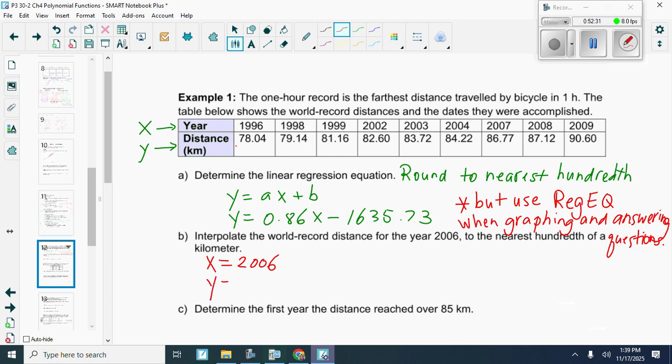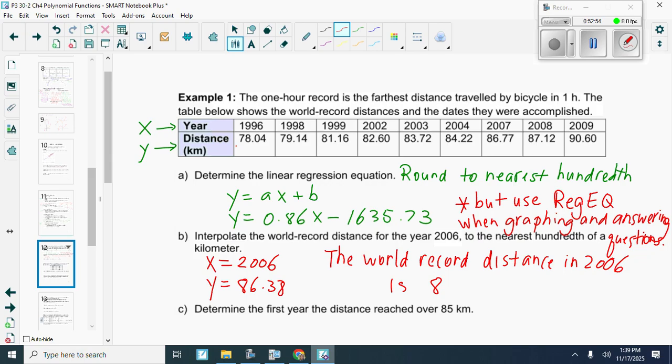So y is equal to 86.38. But it asks a question about the world record, so we have to answer in a sentence with units. The world record distance in 2006 is 86.38 kilometers.